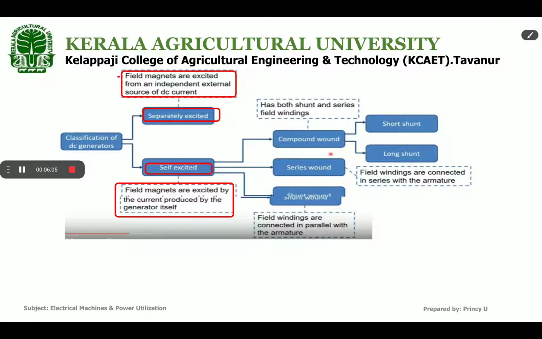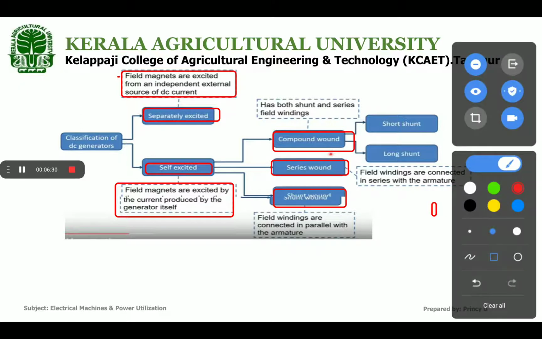The self-excited DC generators are of three types: series wound generator, shunt wound generator, and compound wound generator. First we are going to study the series wound generator. Series wound generator means the field winding is connected in series.